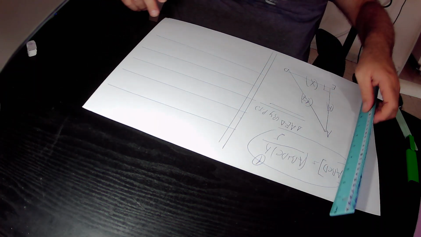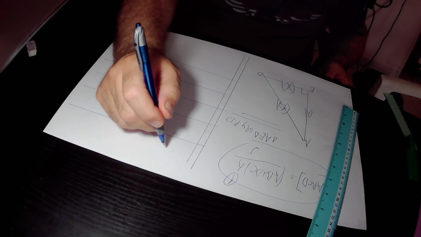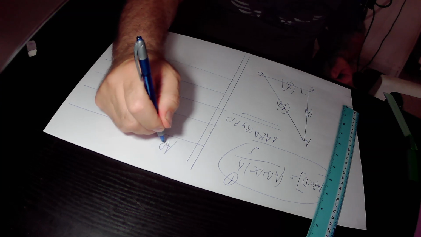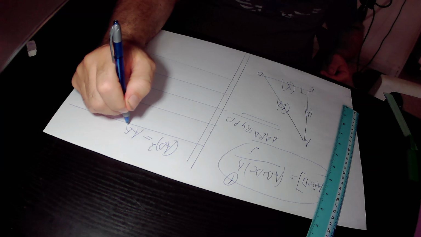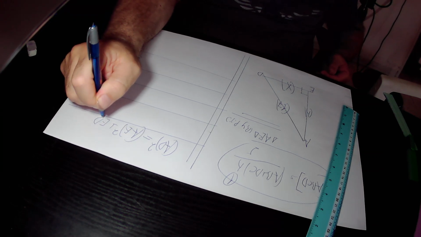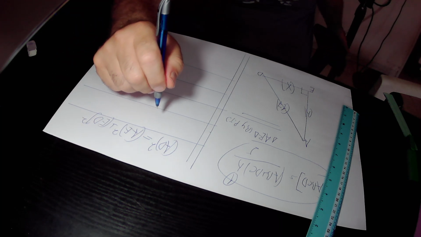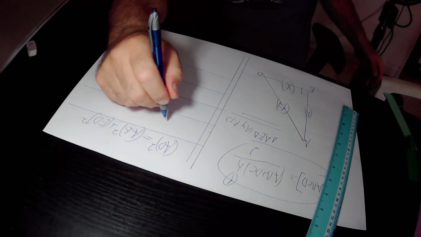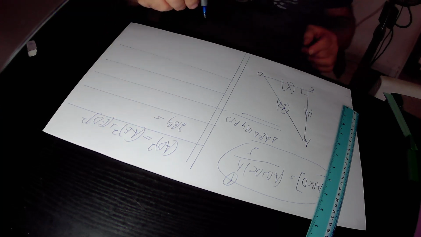So actually, AD squared, that is the square of the hypotenuse, equals AE squared plus ED squared, according to the Pythagoras theorem. AD is 17, therefore AD squared is 17 squared, that is 289, and it equals AE squared.